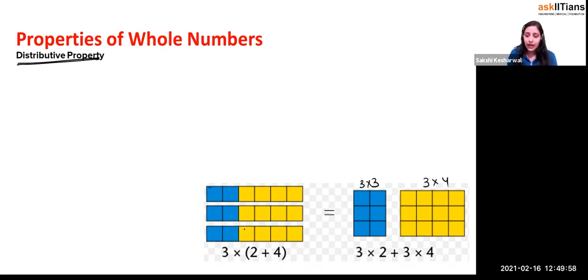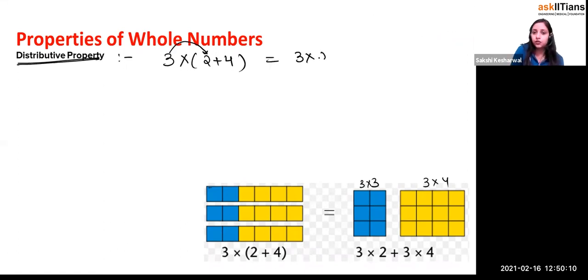So what he did, actually, in mathematical form, distributive property means what? He wrote 3 into 2 plus 4, right? So can I write this as 3 means what? You multiply this into this, which will be 3 into 2, and then you multiply this into this, which is like plus sign, because in between there's a plus sign, so you write plus sign. That is 3 into 4. He did the distribution like this.